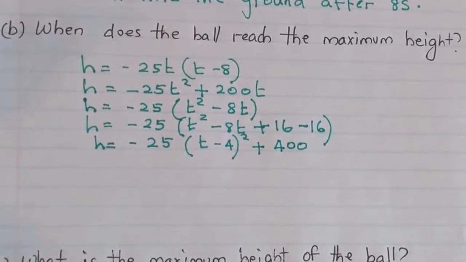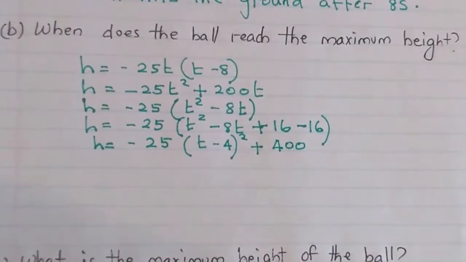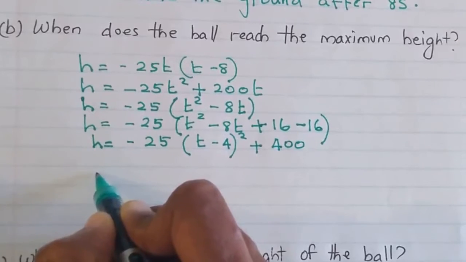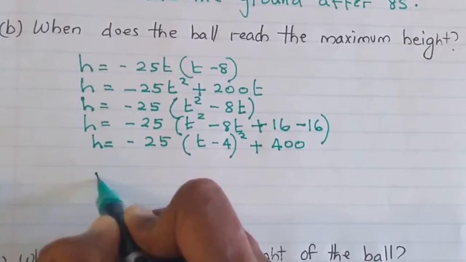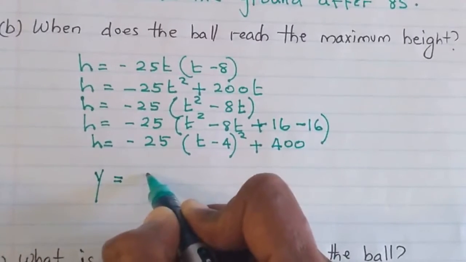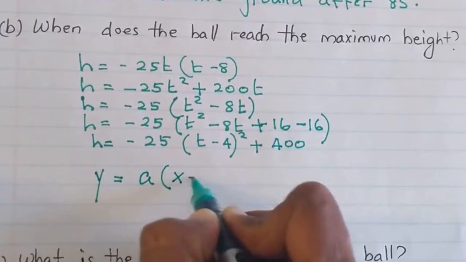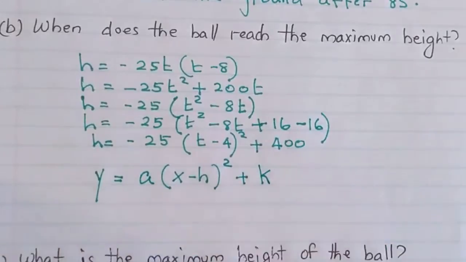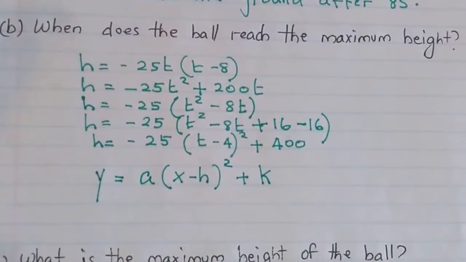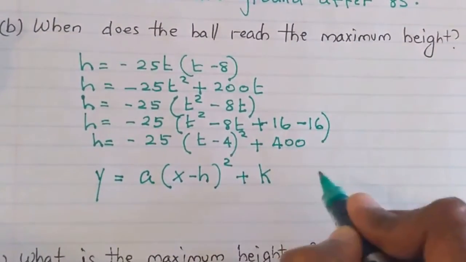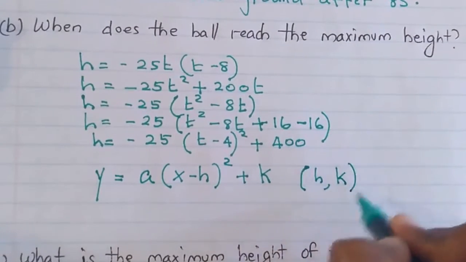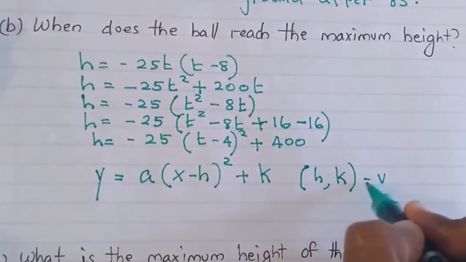So when does the ball reach the maximum height? From the vertex form, I'm going to write the general equation of a vertex form: y equals a(x minus h) squared plus k. If I have an equation in this form, (h, k) would be my vertex.